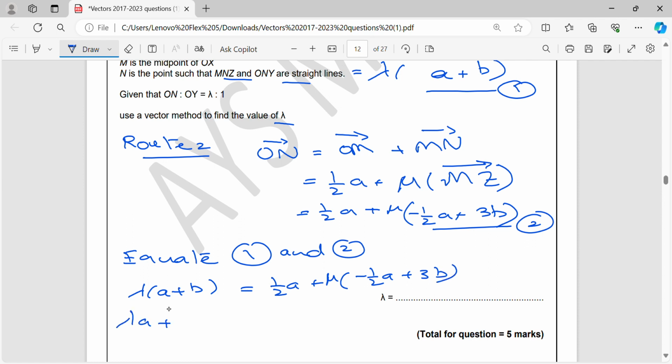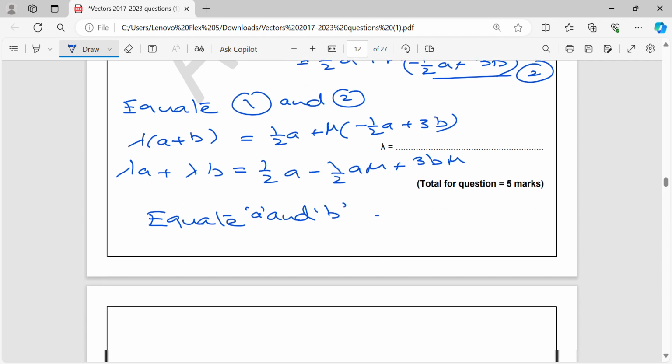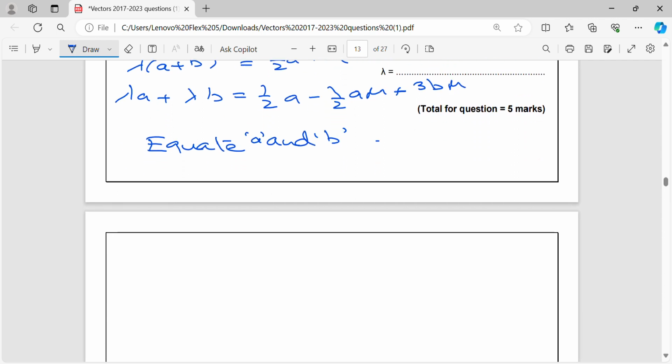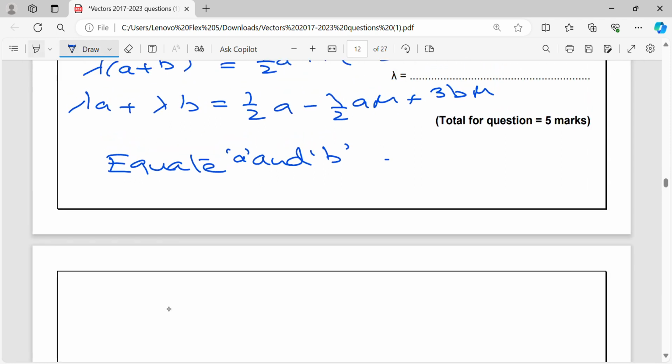So lambda a plus lambda b equals 1/2 a minus 1/2 a nu plus 3b nu. Now equate a and b.